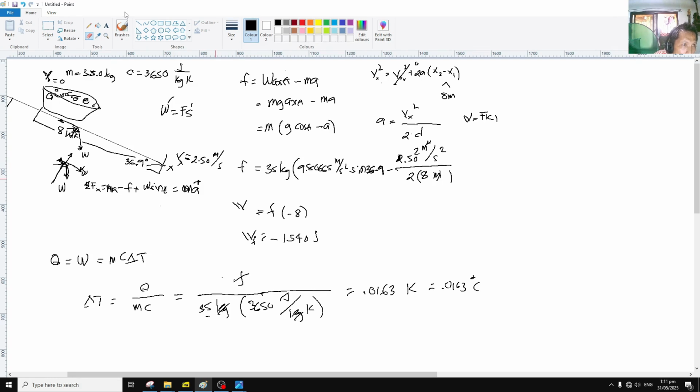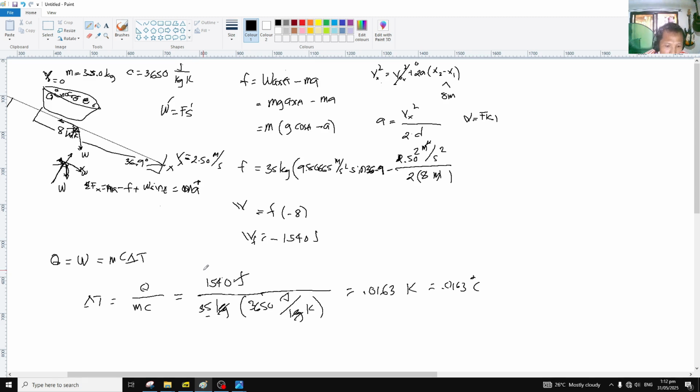Right? So, negative, now positive here as absorption. So it becomes positive 1,540 joule, divided by 35 times 3,650.